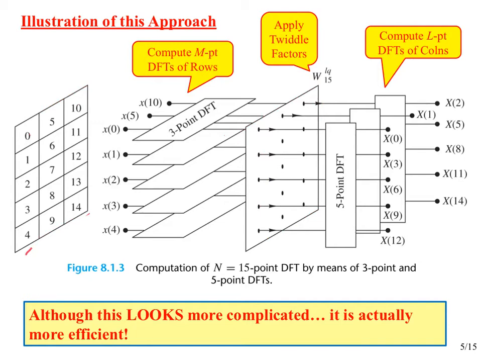And then after we apply that, our rule says from our development to take 5-point DFTs down the column. So the numbers that come out of this twiddle factor multiplication, we would do a 5-point DFT, a 5-point DFT, and a 5-point DFT, and we end up with a 3x5 array of our DFT results.